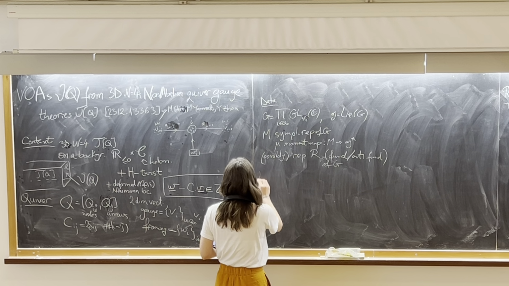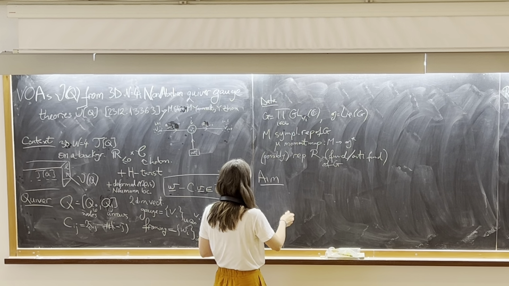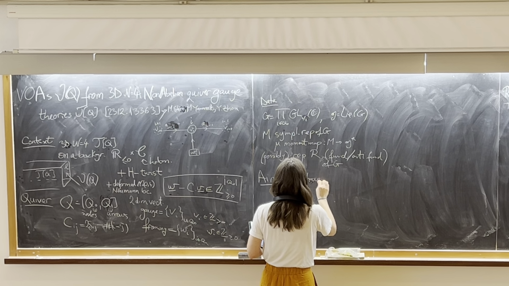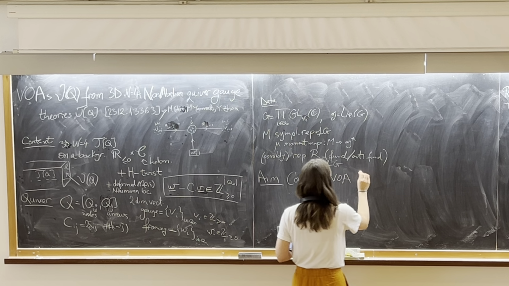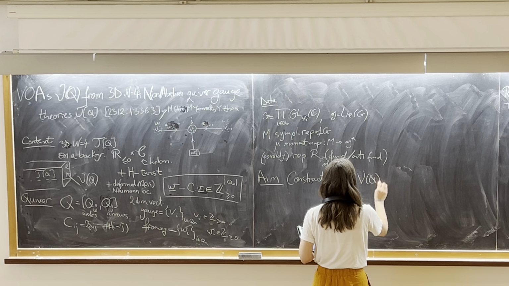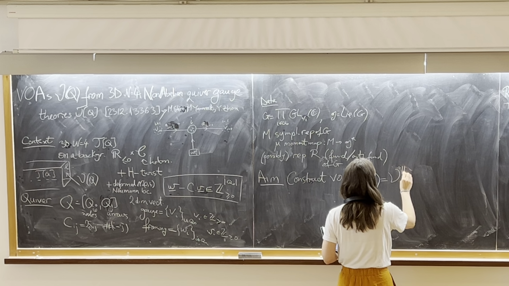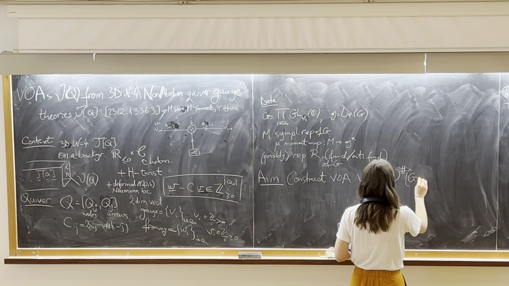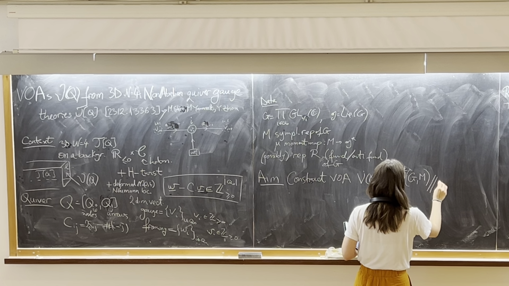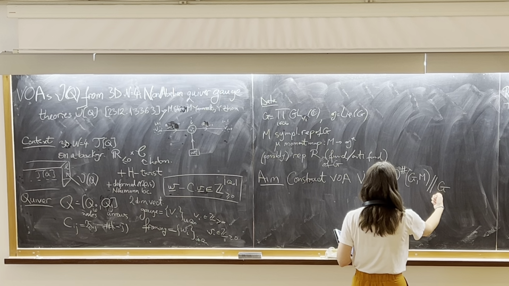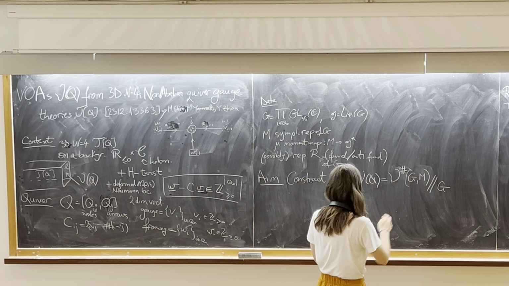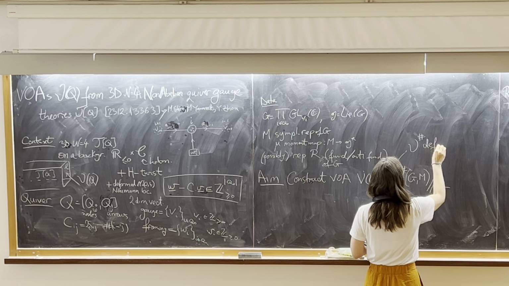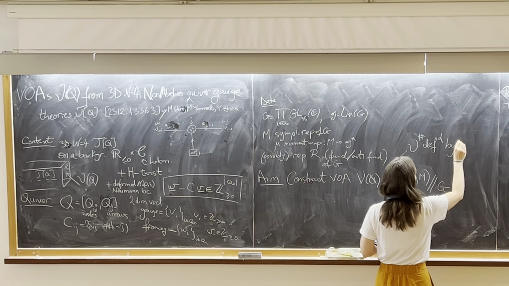So now in terms of this data, the aim is to construct a VOA V of Q by the BRST reduction of some VOA defined by the boundary fields, in terms of G and M, BRST reduction with respect to the action of the group G, where this V hash is defined by the boundary degrees of freedom.